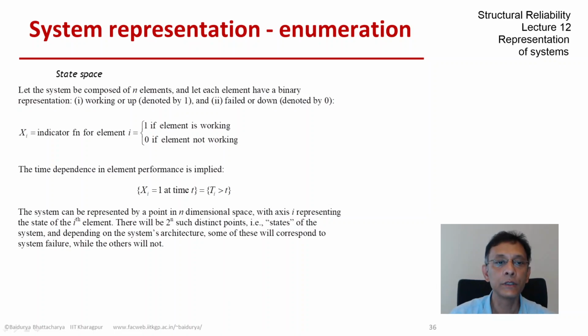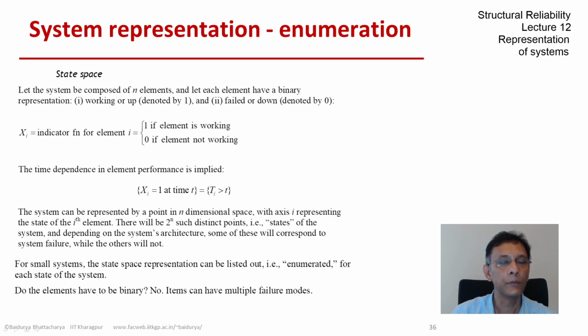So if the system is up or if the system is down, we would be able to indicate that, provided we know how the system is composed in terms of its elements. And this works, and we are going to look at an example in the next slide. For small systems, this works. In fact, later on we are going to look at also a three-state system through enumeration.